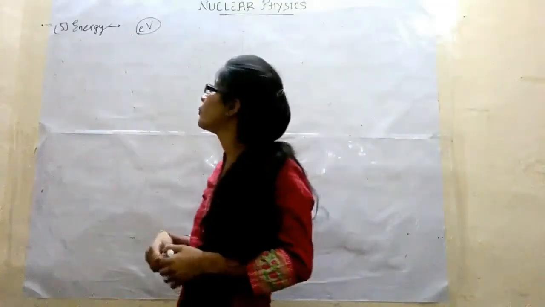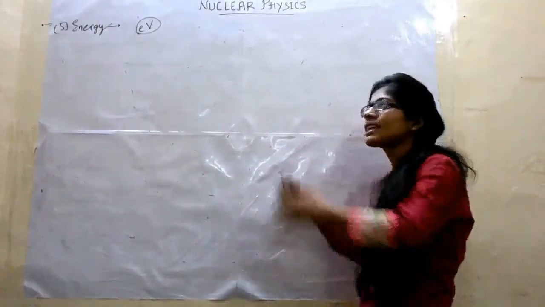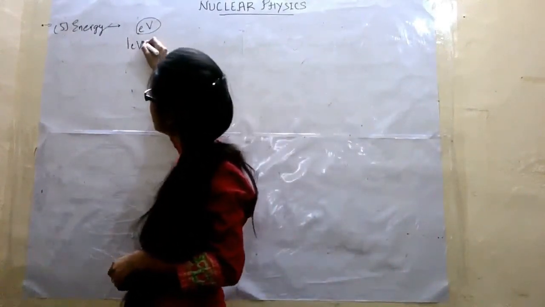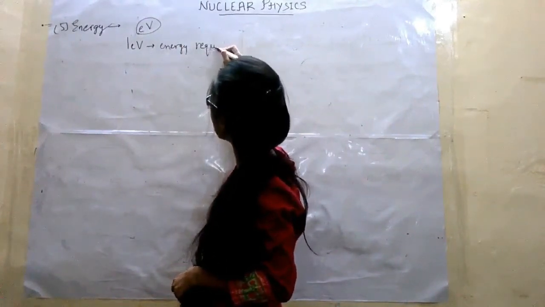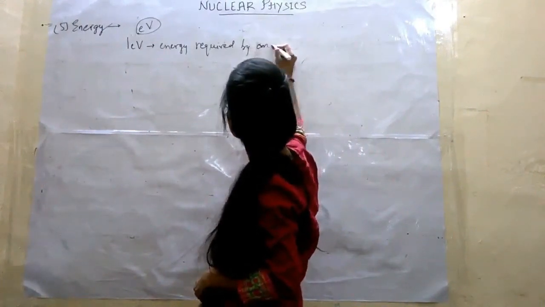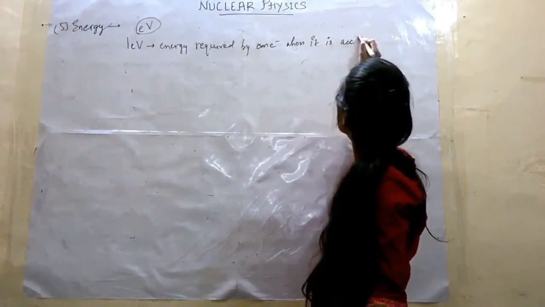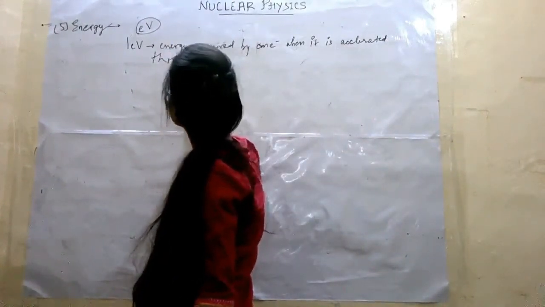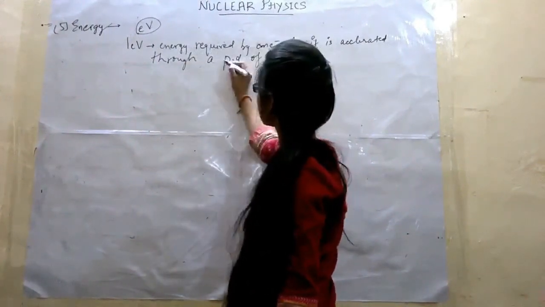The next basic property of the nucleus is energy. Energy of the nucleus is basically measured in electron volts. And what is 1 electron volt? It is the energy required by an electron when it is accelerated through a potential difference of 1 volt.